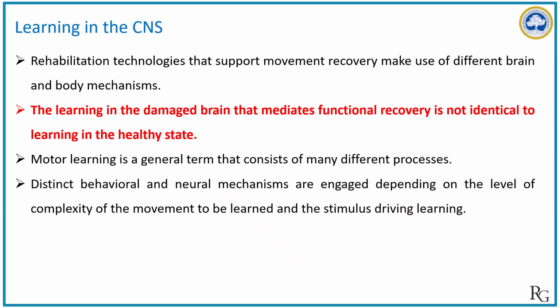But in a damaged brain, many of those pathways are disrupted. Those are not there, so the brain has to find alternative strategies. It may recruit different regions, it may reorganize circuits, or it may strengthen connections that have become weaker because of that particular injury. All of this helps in recovery.